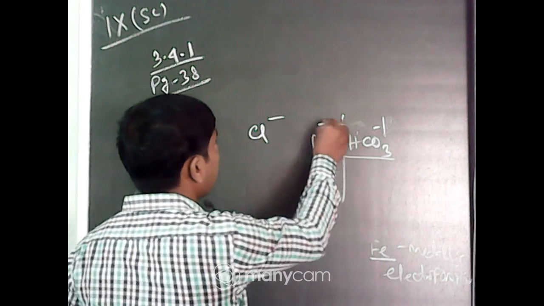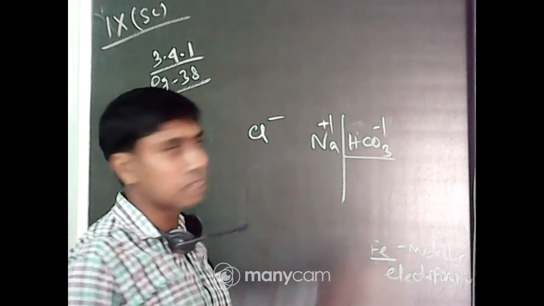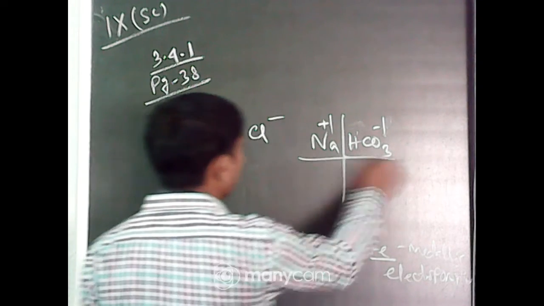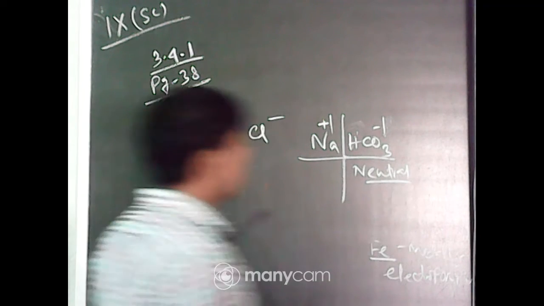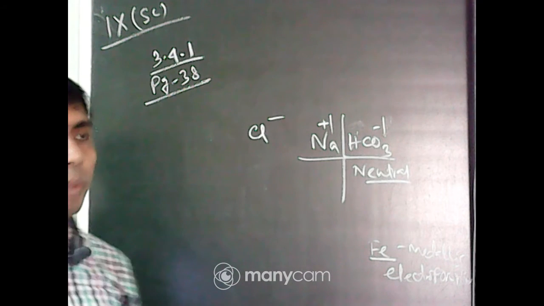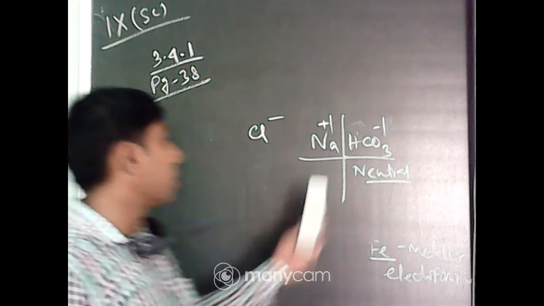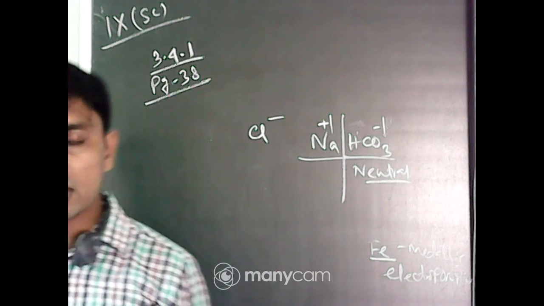So Na plus has +1, and HCO3 minus has -1, and the overall compound becomes neutral. So this is also one process to detect the valency of any radical anion. It may be bicarbonate, sulfate, chloride, nitrate, phosphate, etc.